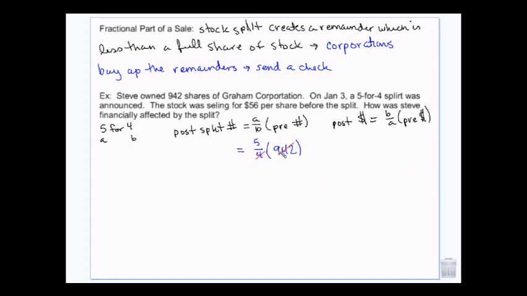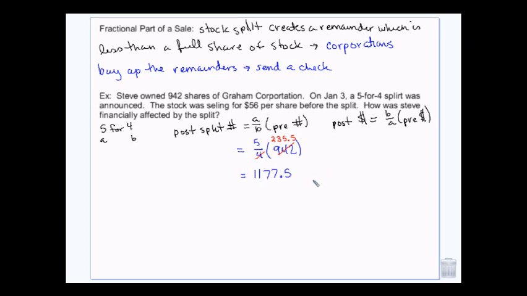4 goes into 942 235.5 times, and then I multiply that by 5, and I get 1,177.5, or I could have done 942 times 5 and then divided by 4. I just like to divide first because it makes the number smaller, but you can go the other direction if you choose.